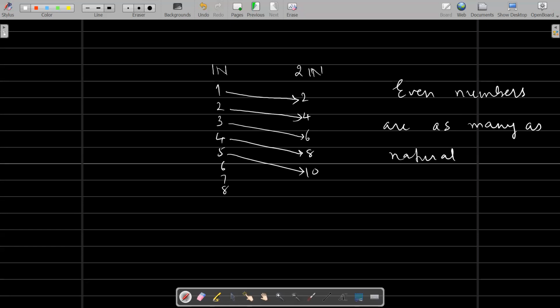So in case of infinity, you can't say something is more, something is less. But yes, as far as our intuitive ideas are concerned, in some sense, composites are more than primes.